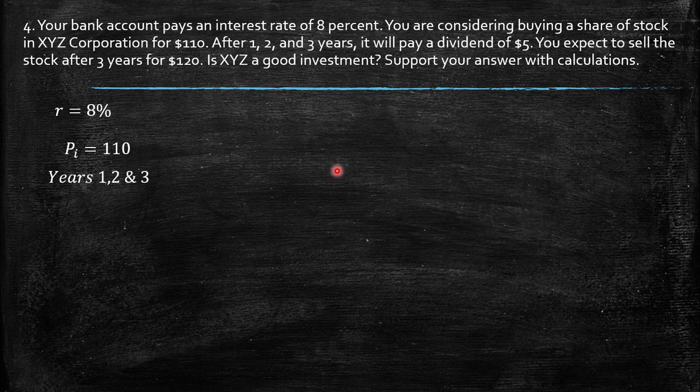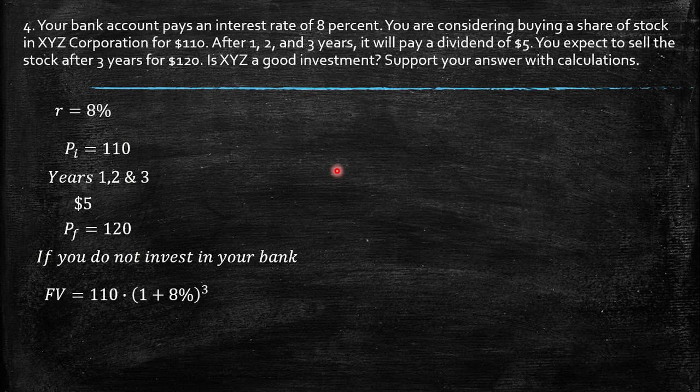This situation of 1, 2, 3, dividend of 5, and the price that you will sell, this one should be 120. Okay, let me just correct this one. If you invest in your bank, what's going on?